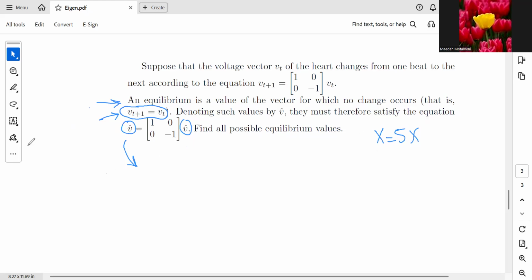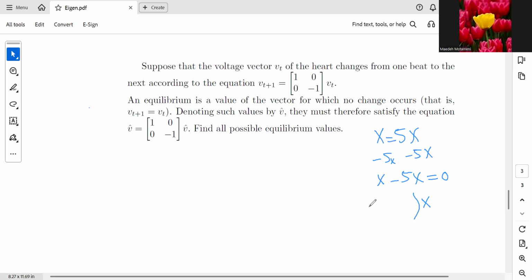So now, think of solving this equation in algebra. How can we solve this? If you want to solve this, one of the ways is subtracting 5x from both sides. And we would get x minus 5x equals 0.